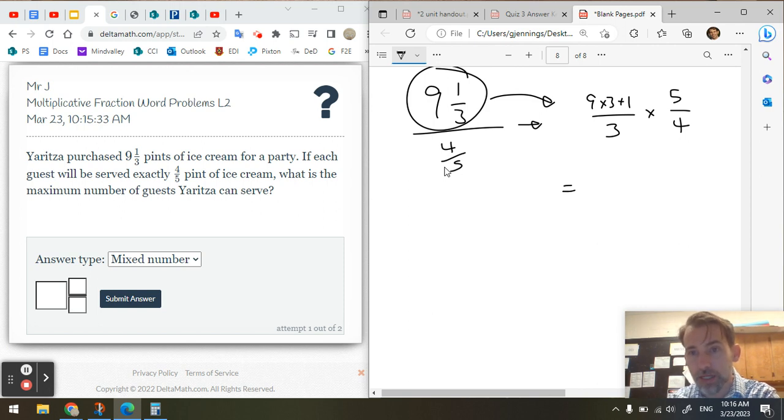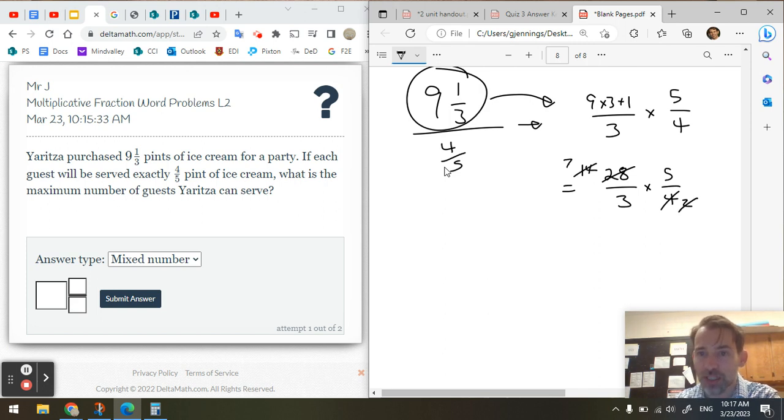Let's carry on. 9 times 3 is 27, plus 1 is 28, over 3, times 5 over 4. Cancel the extra factor of 2 there and there. 28 divided by 2 gives you 14. Oh my goodness, I can keep going.